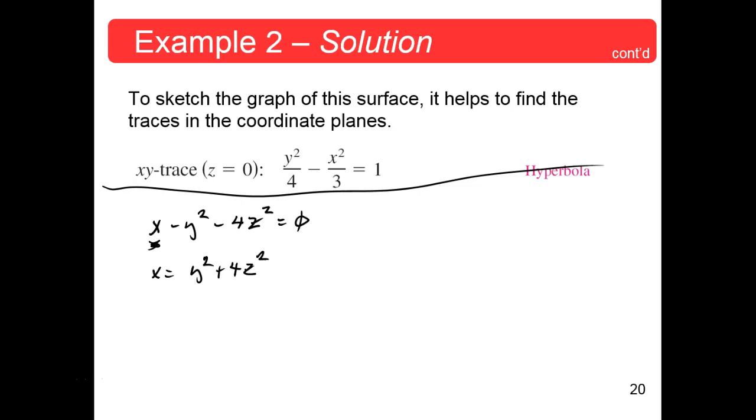So you have an elliptic paraboloid. Exactly. Now, we classified it. That's the easy part, in my mind anyway. The sketching of it, I don't draw my axes well. I don't draw anything well. X, Y, Z.